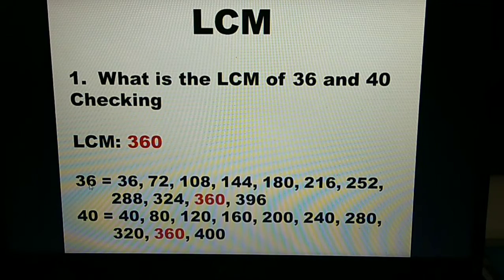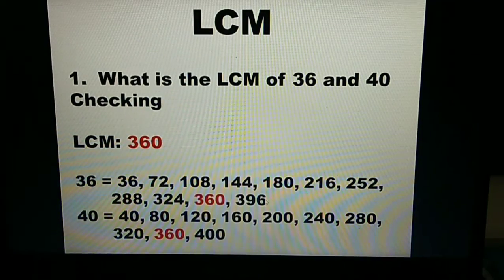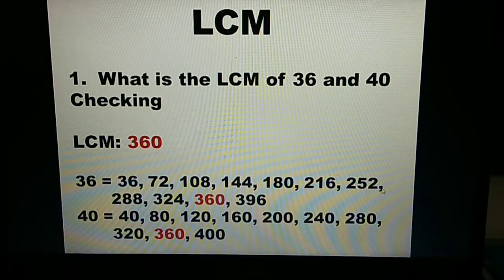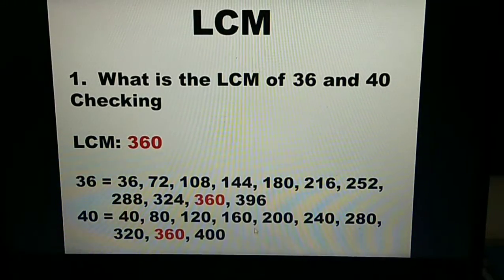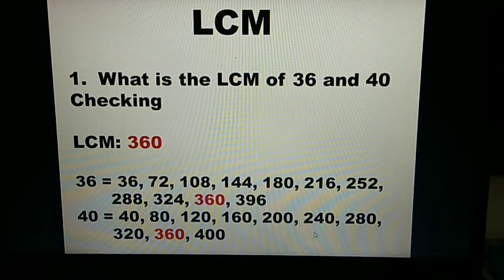So, the multiples of 36 are the following: 36, 72, 108, 144, 180, 216, 252, 288, 324, 360, 396, and so on. You can list more. And for 40, we have 40, 80, 120, 160, 200, 240, 280, 320, 360, and 400. And you can list more.